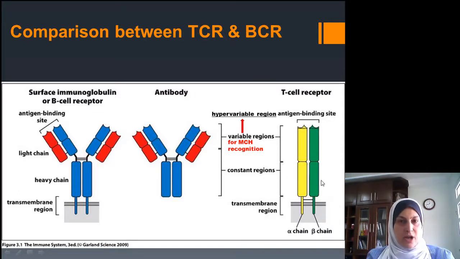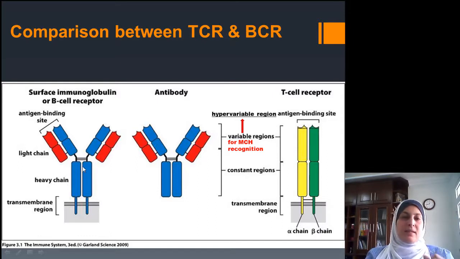This is not a feature for a T cell. A T cell cannot produce antibodies, and the T cell receptor should always be attached to the T cell. It cannot be released, and the T cell cannot synthesize similar structures to be released into the circulation.